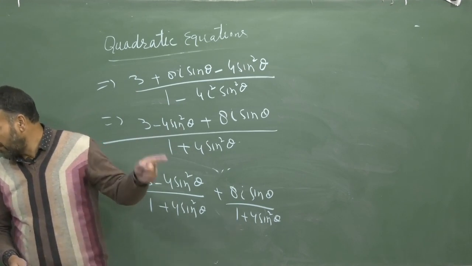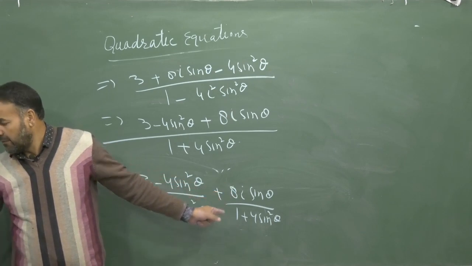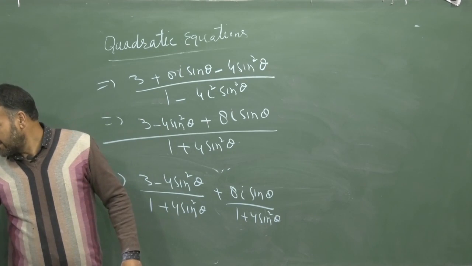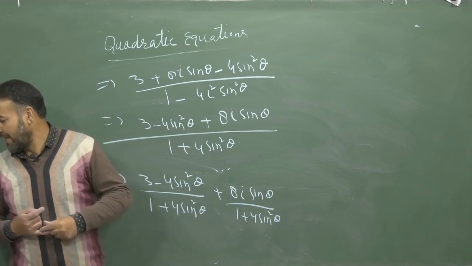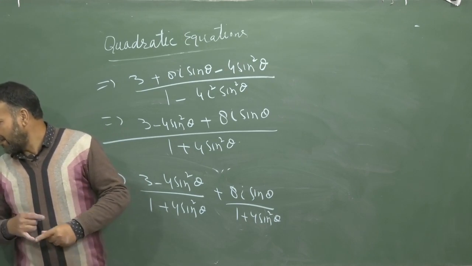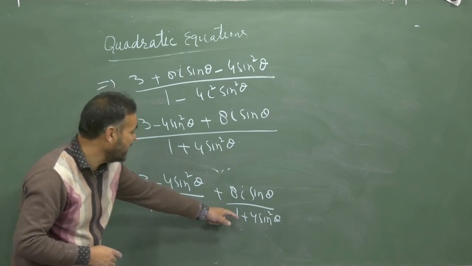So when it is purely real, it is (3 plus 2 sin theta) divided by (1 minus 2i sin theta). If it should be purely real, this indicates that the imaginary part is 0. The imaginary part is this.